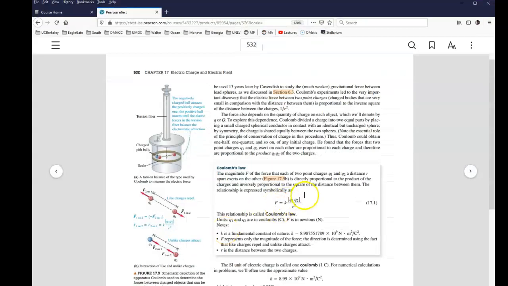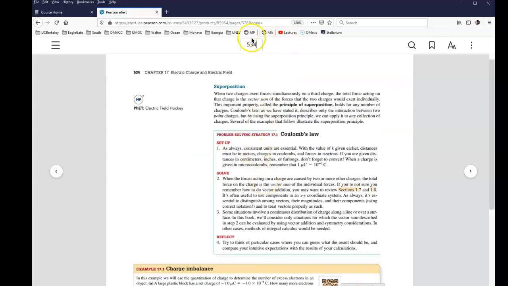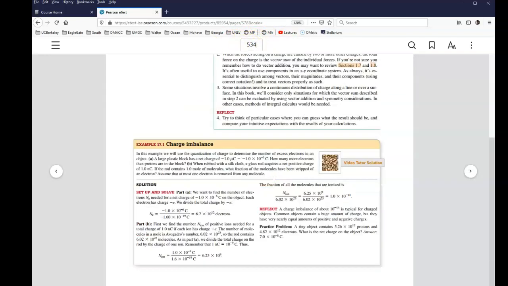I need to go to page 534. There we go. As you can see, you can move from page to page by just putting the page number right here. Anyway, here is the example right there.